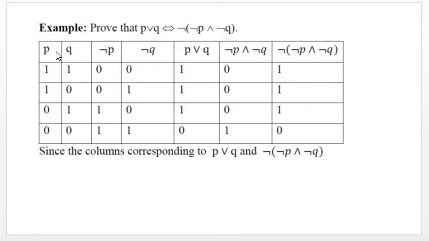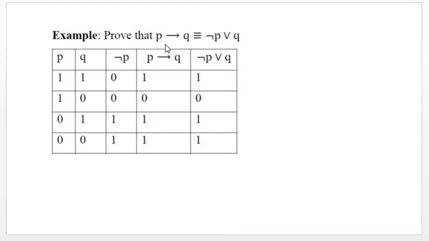Consider the columns corresponding to statement P or Q and negation P and negation Q. Since the truth values are the same in these two columns, we can conclude that P or Q is logically equivalent to negation of P and negation Q.